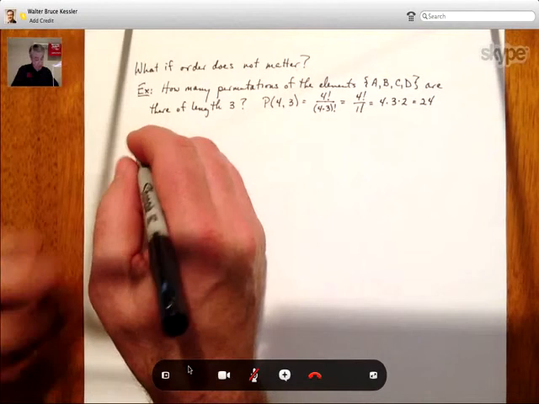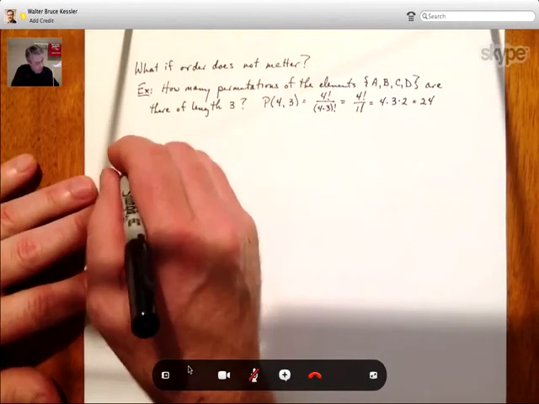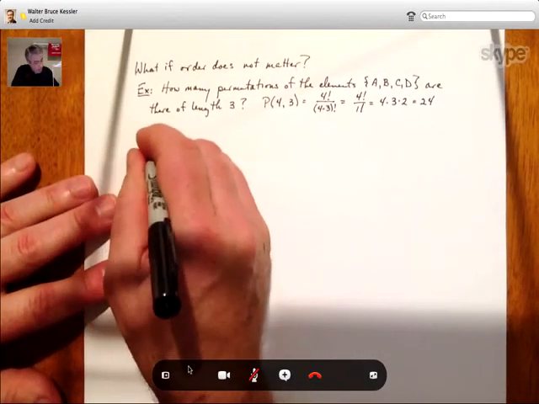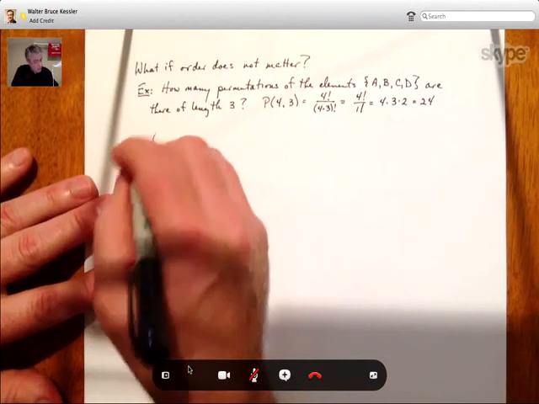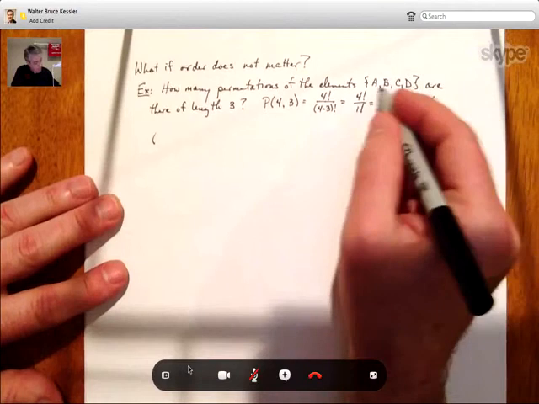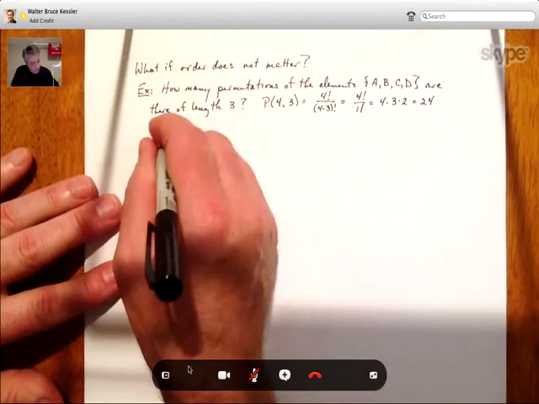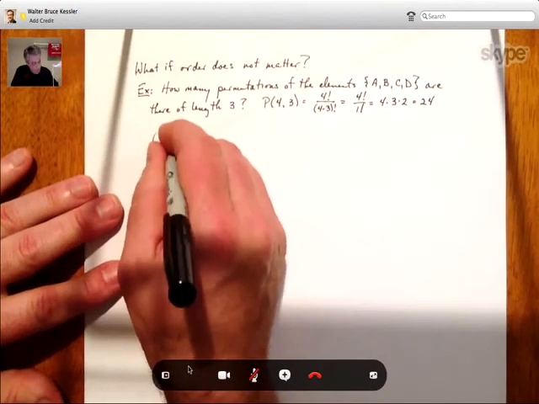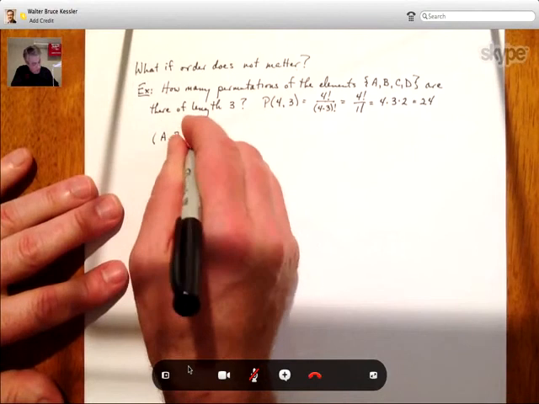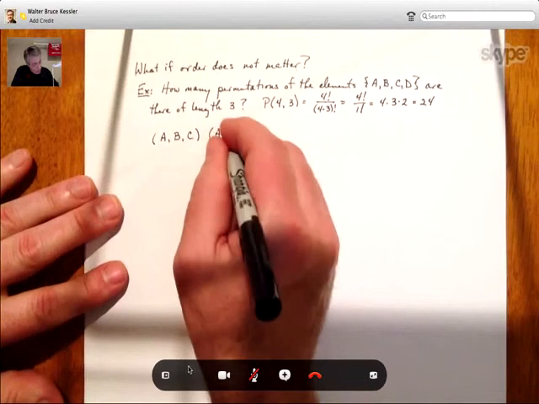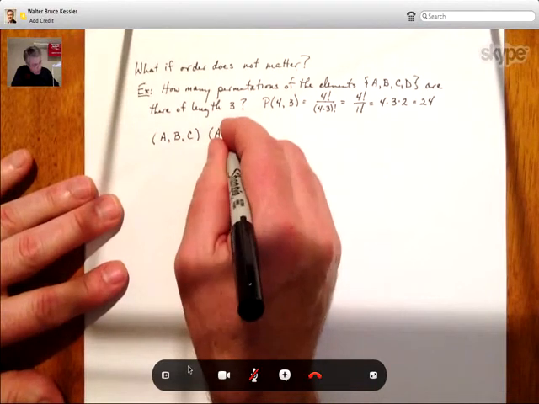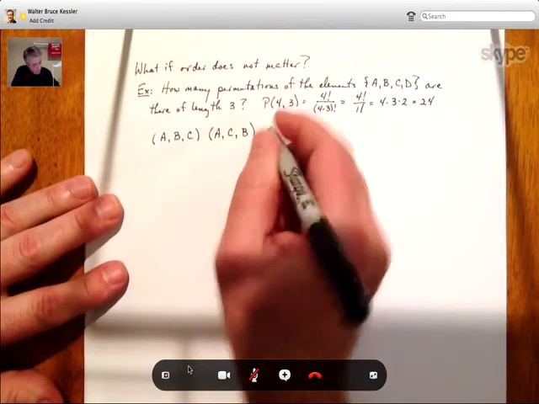Okay. And so if I were to write them out, let's see if I can do that. It's a small enough number where I think I can write them out. So let's see. Let me leave out the D element and just build things with A, B, C. So I could put A first and have B and C follow. I could have A first and have these in reverse order.